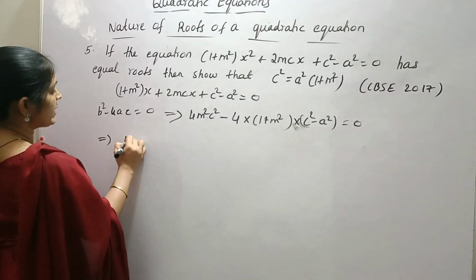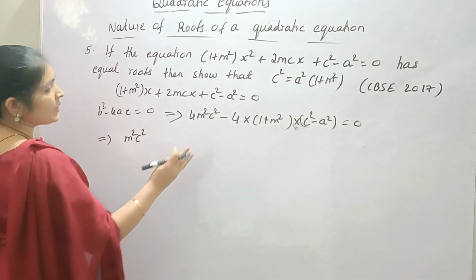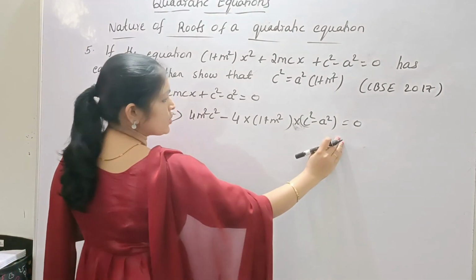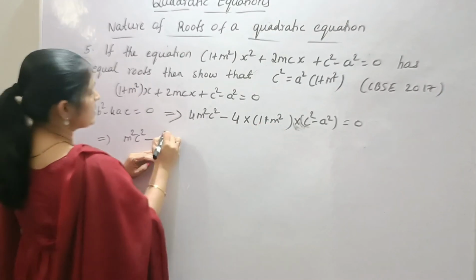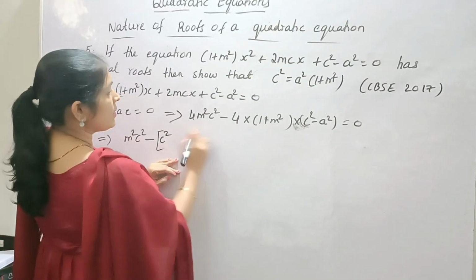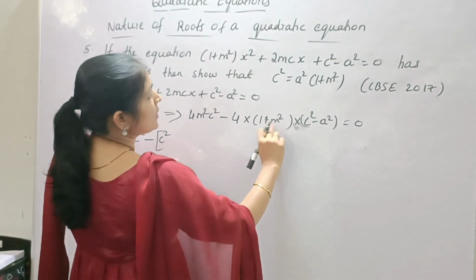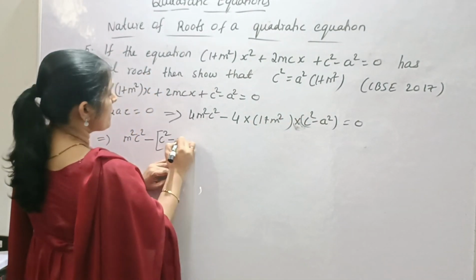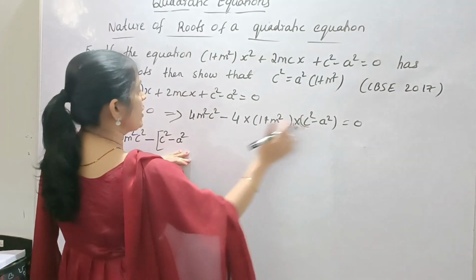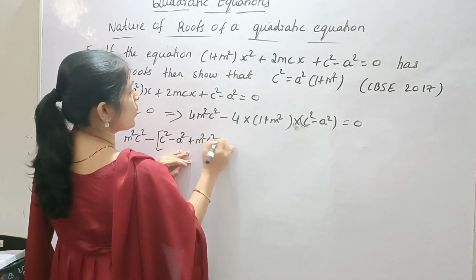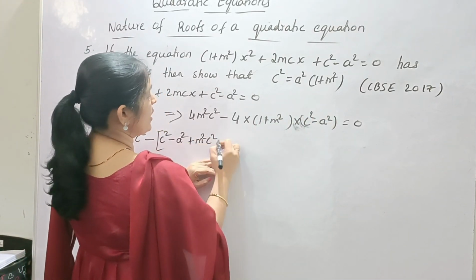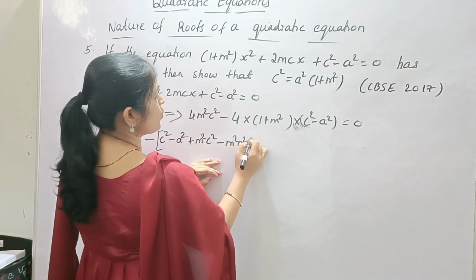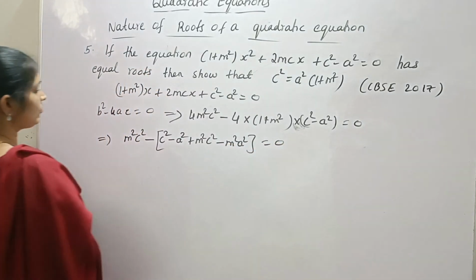So here left side m square c square. Now let's expand this one, minus 1 into c square and 1 into minus a square, m square into c square, m square c square, plus minus m square into minus a square, that is minus m square a square, that is equal to 0.